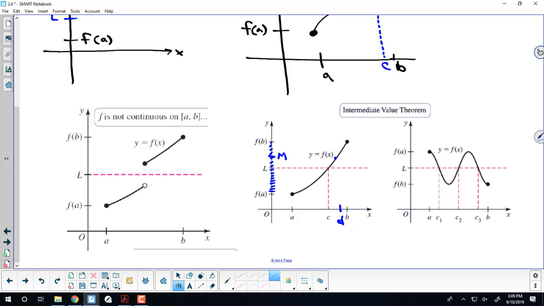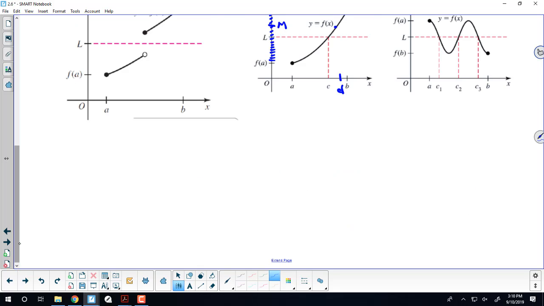In fact, that's how your calculator, or graphing software, plots graphs and why you don't see holes in your graphs. If you tell your calculator to graph x squared, all it's going to do is plot a few points. But then the machine assumes that it takes on all intermediate values in between those points, and it just fills this in because it's assuming that.